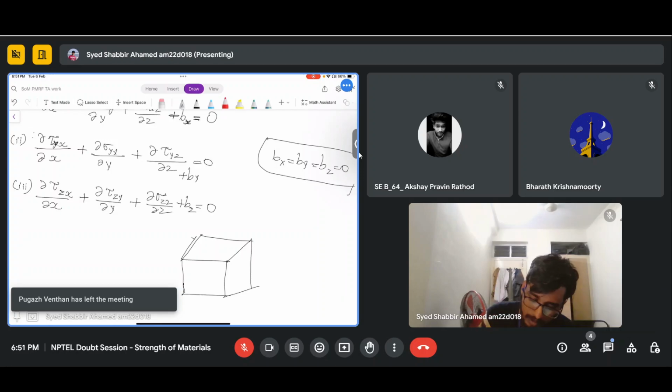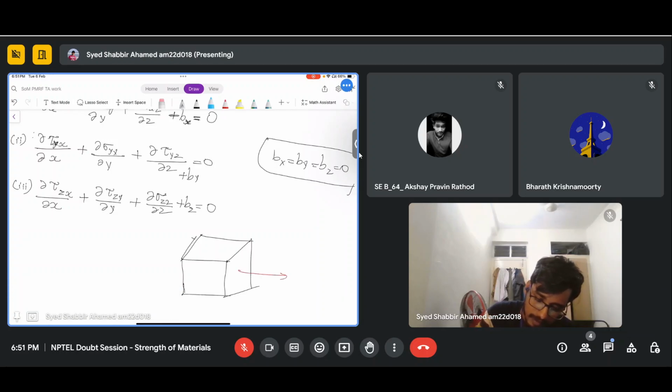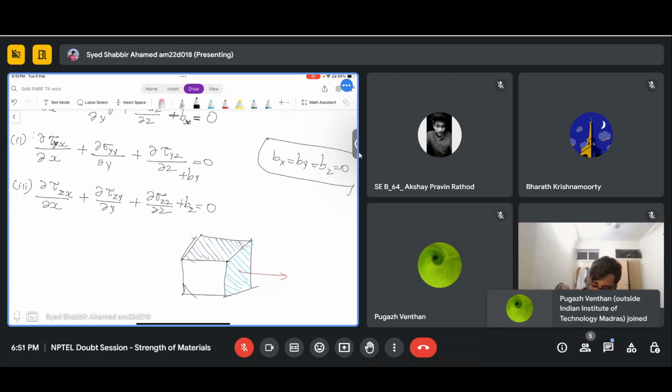This is the x plane, the blue one. This is the y plane. And this is the z plane.